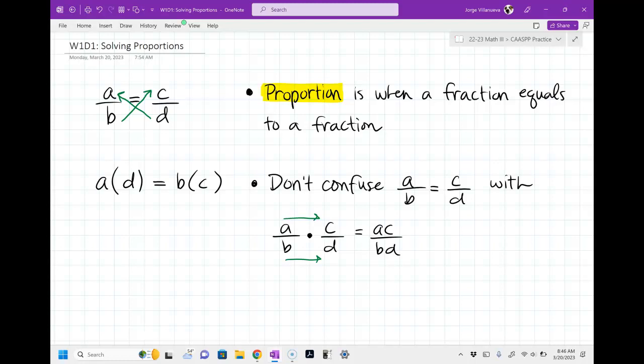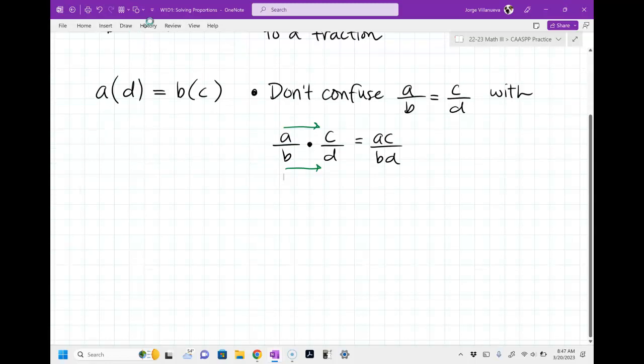So just be careful with that. I see it way too many times that people just automatically start multiplying diagonally because they see fractions and fractions. It's only if they're separated by an equal sign. Okay? So let me give you guys a couple of simple examples, a couple of more difficult ones, and then I'll give you guys your assignment, okay?